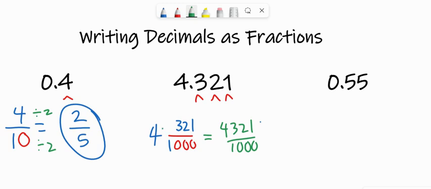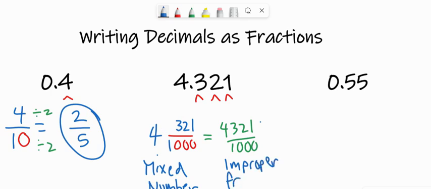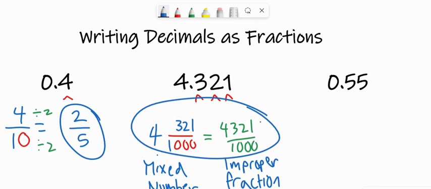This is called a mixed number, and this is called an improper fraction. Depending on what they're asking for, that's whatever form you're going to put it in.